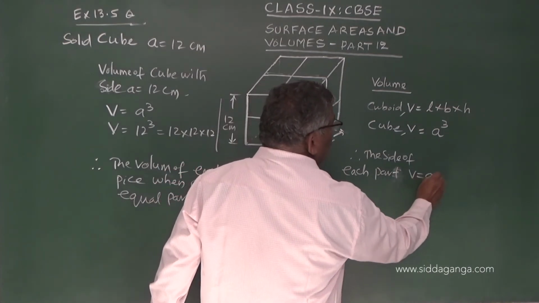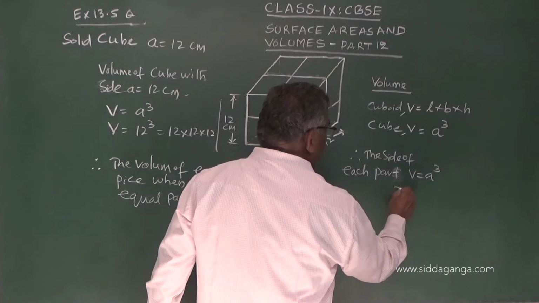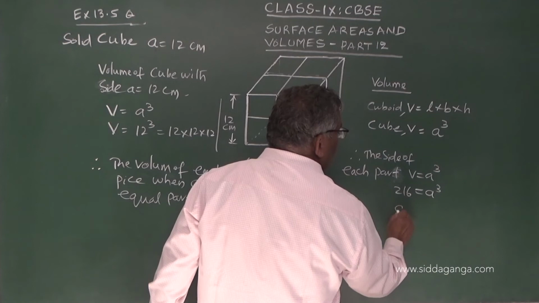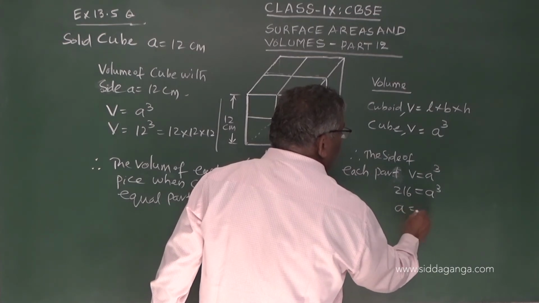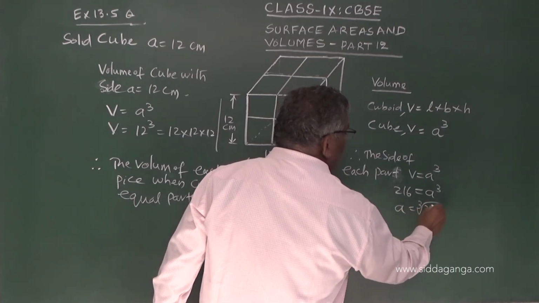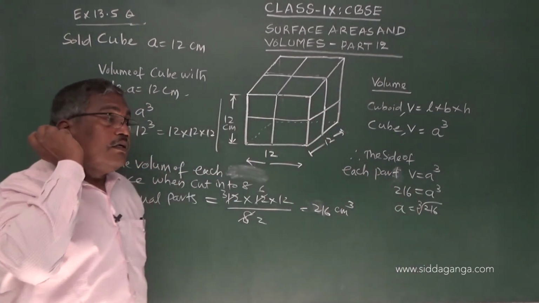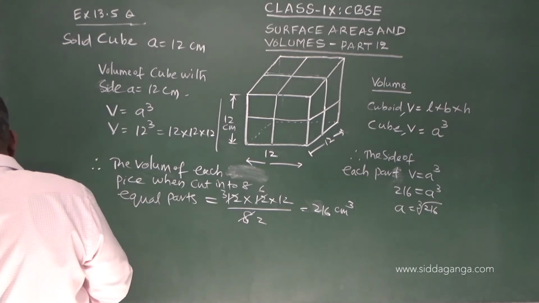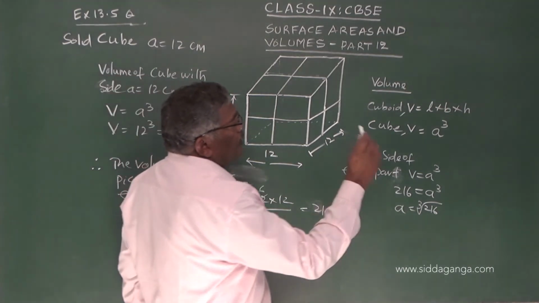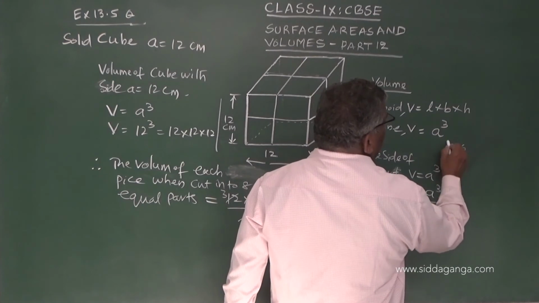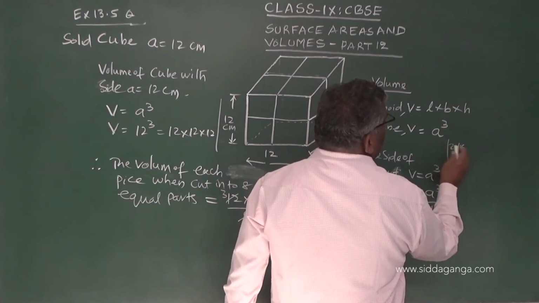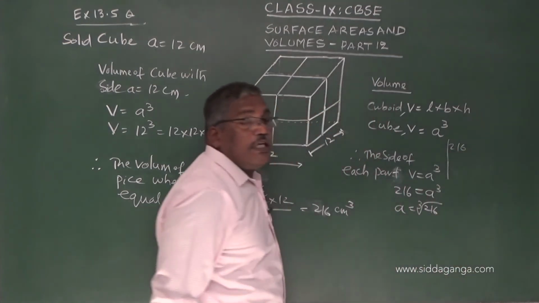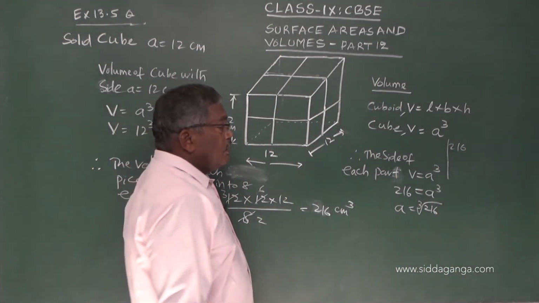Volume is equal to a cube, volume is 216, a is not known. So a will be equal to the cube root of 216. You observe here, 6 into 6 is 36, 36 into 6 is 216.